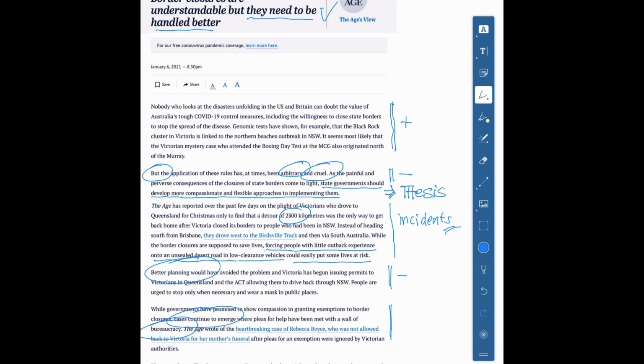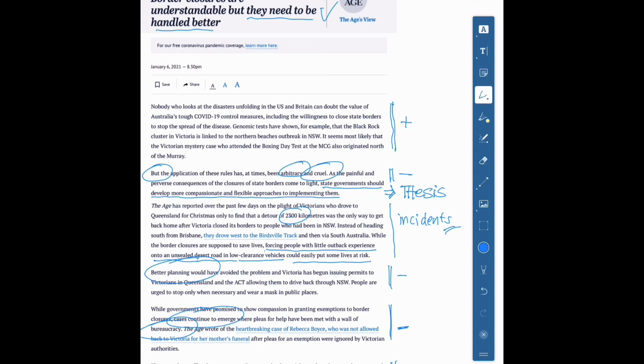Okay, this is another negative point given by the author. So once again, this is another criticism by the author of the editorial of what the government has done.